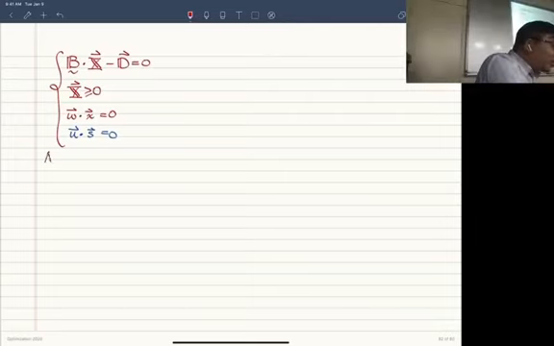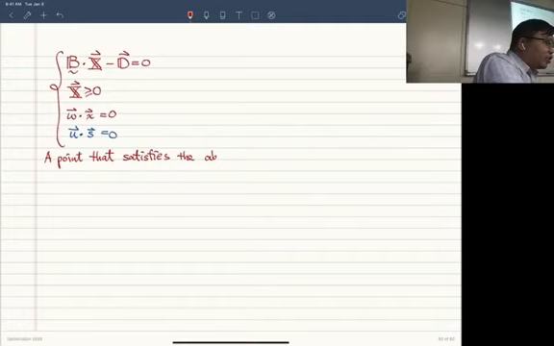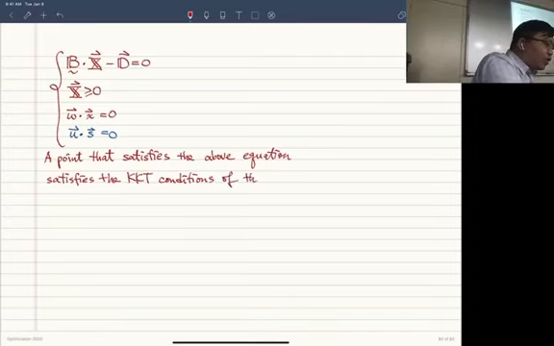So a point that satisfies the above equations basically satisfies the KKT conditions of the original quadratic problem.